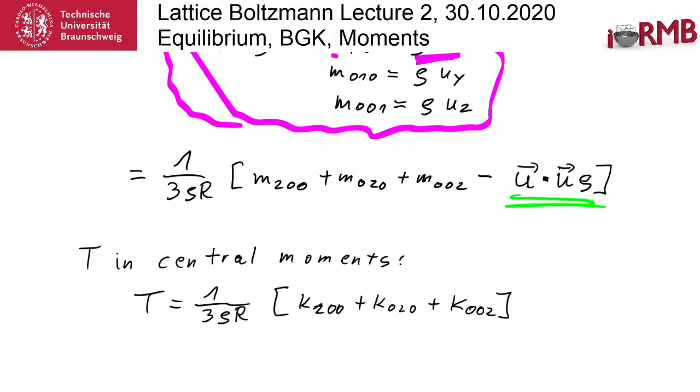Okay, so this is one of the reasons why people may say that central moments are more natural. By the way, there was the answer that we have nine central moments of second order.